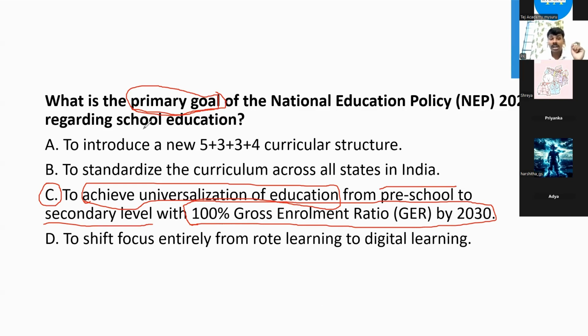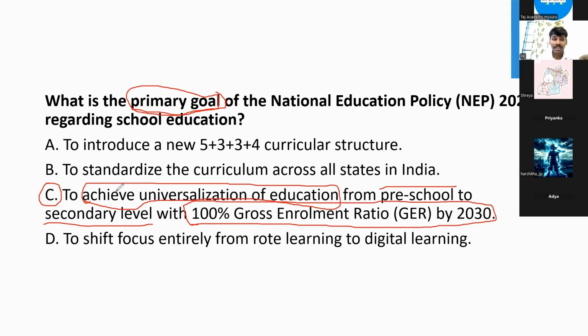So when we are talking about universalization of education from preschool to secondary level, we are saying that by the year 2030, the gross enrollment ratio of students, that is, students all across India, should be in school from pre-primary to class 12. This is the primary goal of National Education Policy 2020. Now, is it clear for all of you?